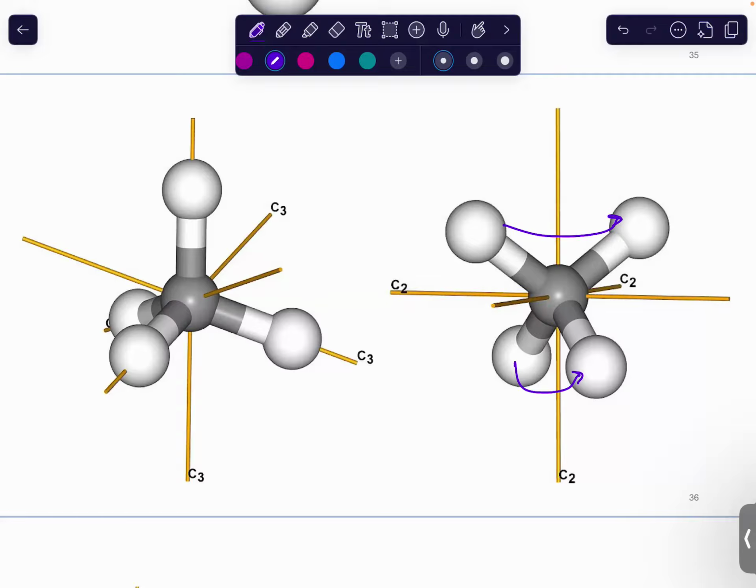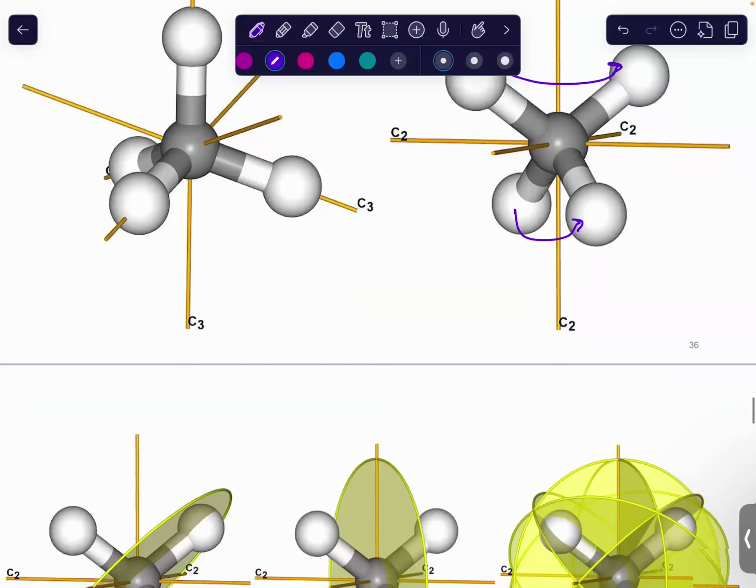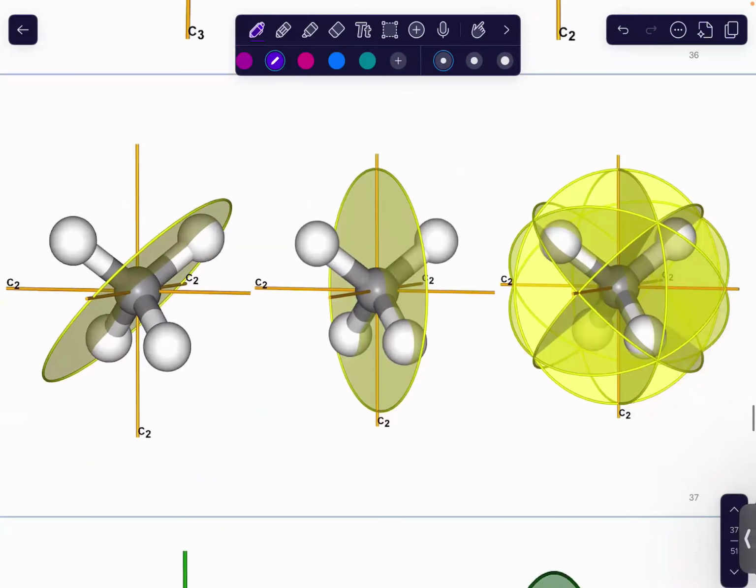I can rotate this methane molecule any way I want to put any two hydrogens up, and that's why we have all these different C2s. Now, here's your sigma Ds. I gave you an example of at least two of them, but you end up with a total of 6 of them. I gave you 2 so that you can see what they look like.